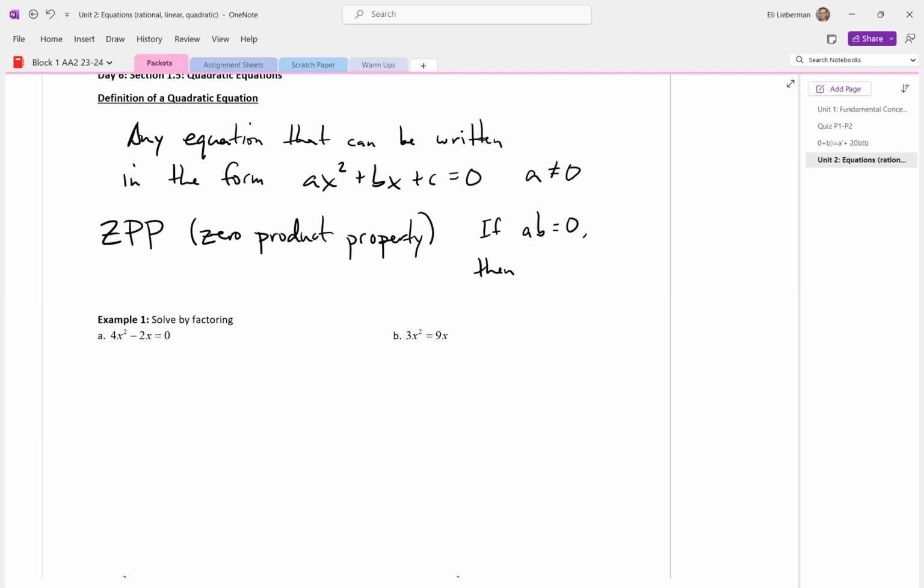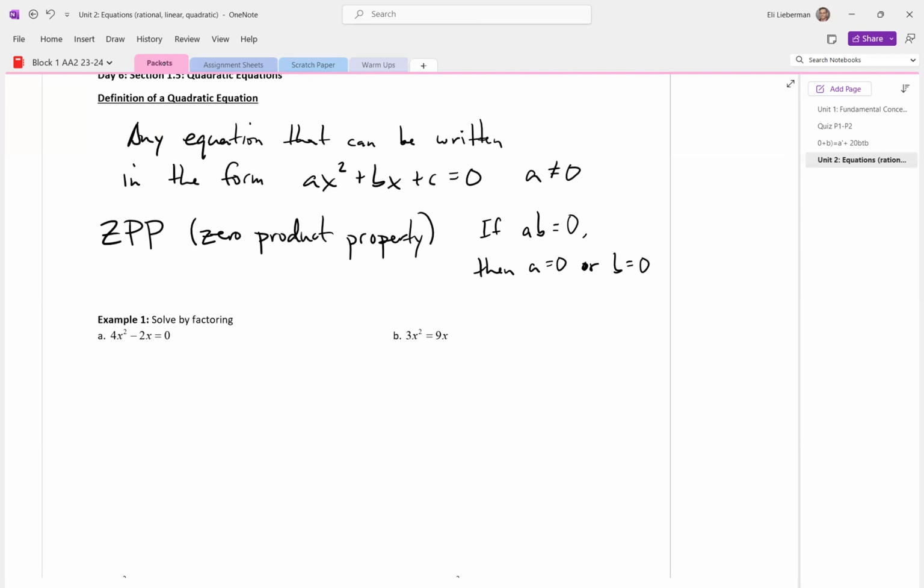That must be true, right? As opposed to if A times B equals 5, we have no idea what either one of these could be. But if A times B equals 0, then A is equal to 0 and/or B is equal to 0. We normally say or B is equal to 0. That's intuitive, isn't it? And you know how to multiply 0, ZPP.